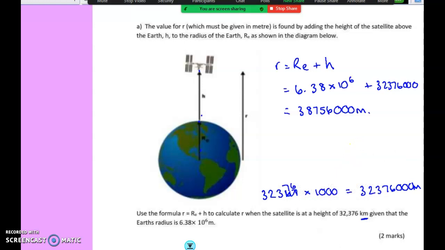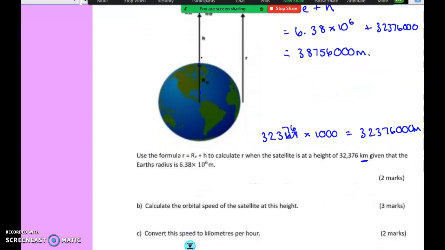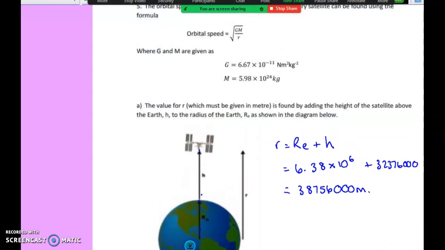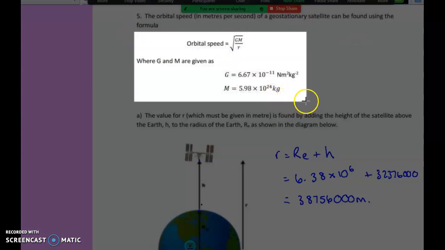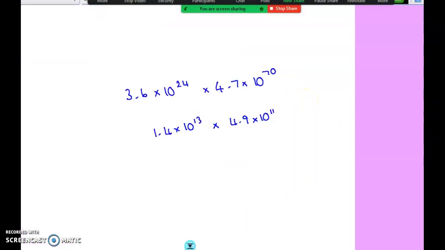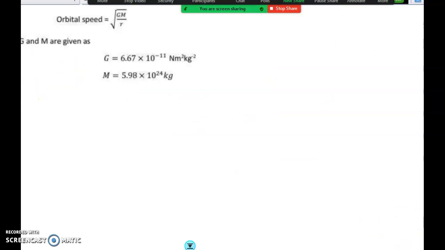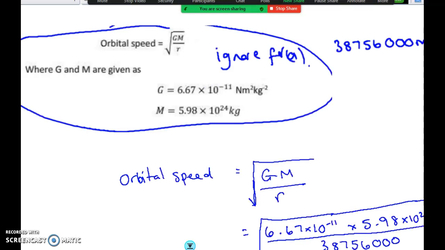So that is my value of r in meters. So that's part A. Okay. Part B, I want to calculate the speed of the satellite at this height. My formula is here. I'm just going to put this on a new page so I've got some more space. And we need the height that we just worked out.